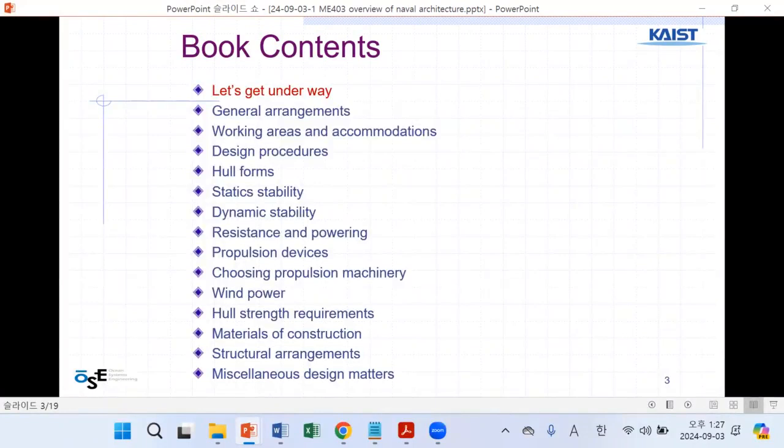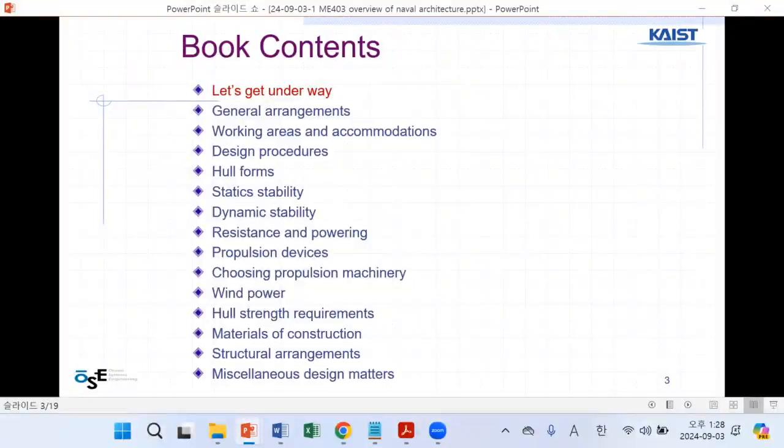Very similar. That's why architecture, naval architecture. This building is made of architecture, not architects. Working similar, but location. And hull forms is the outer skin of the ship.